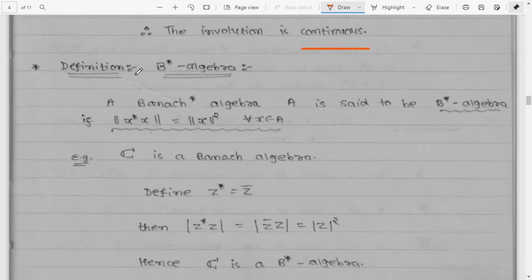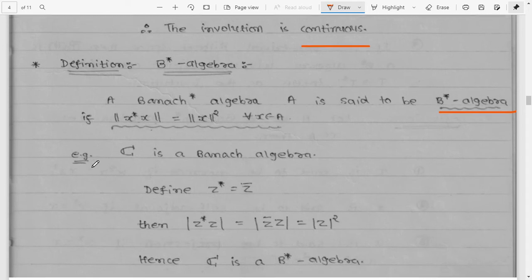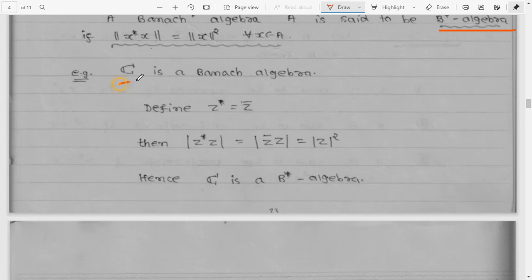Now definition: B star algebra. A Banach star algebra A is said to be a B star algebra if norm x star x is equal to norm x whole square for every x belongs to A. For example, the complex numbers form a Banach algebra.